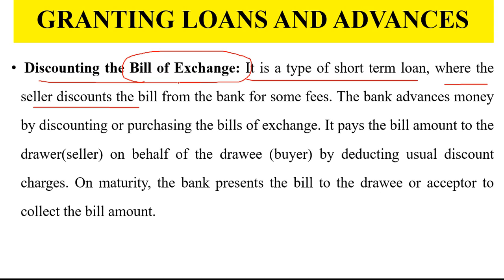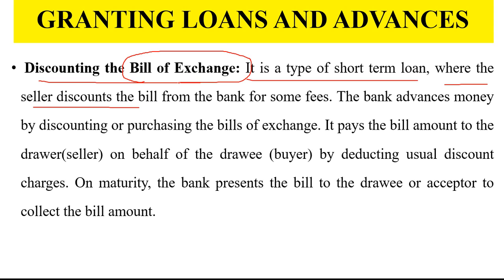So as a guarantee, the seller draws one bill to the buyer: you have to pay me 10 lakh rupees or 50 lakh rupees after 90 days. That is what a bill of exchange is, which the seller gives to the buyer in the case of credit, when the seller sells the goods to the buyer on credit.